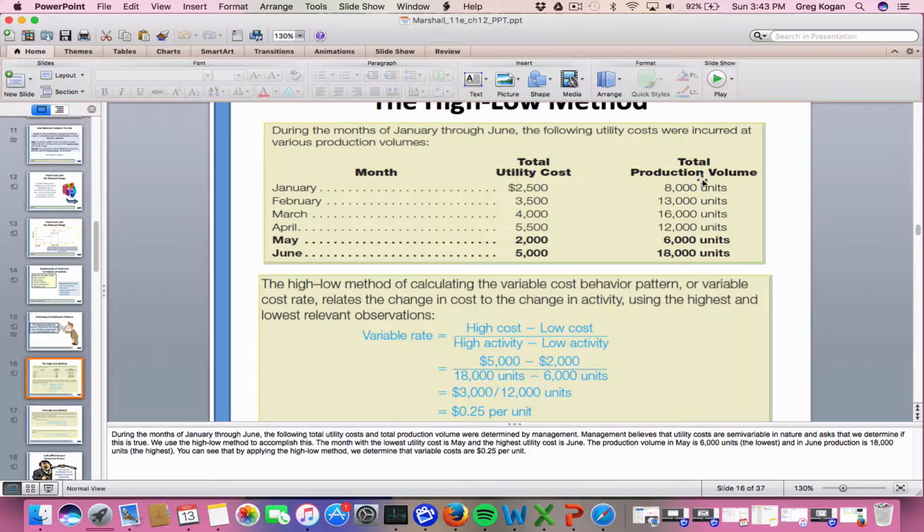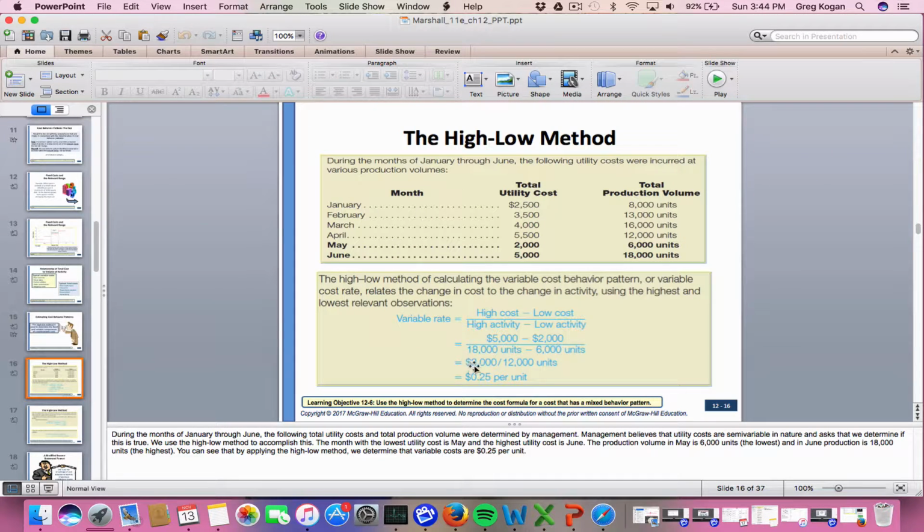Of course, each month we're making different amounts of units, but if we look at the high activity and the low activity, for cost and units, we can come up with basically a normalized cost. And this is 0.25 per unit. We end up saying, hey, it's $3,000 per about 12,000 units, and that's almost like an average.